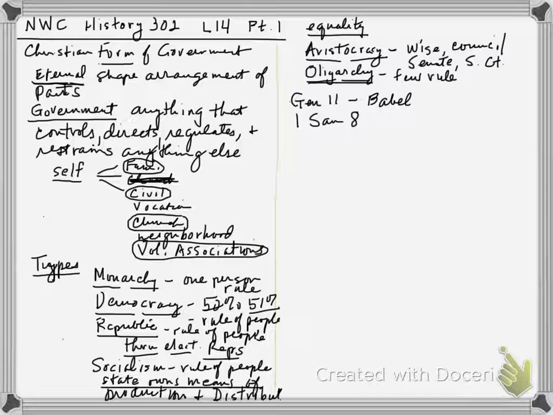So 1 Samuel 8: kings and dictators, high ecclesiastical authorities are always a measure of last resort. It's when things are really coming unglued that we look to establish or ensconce a king.